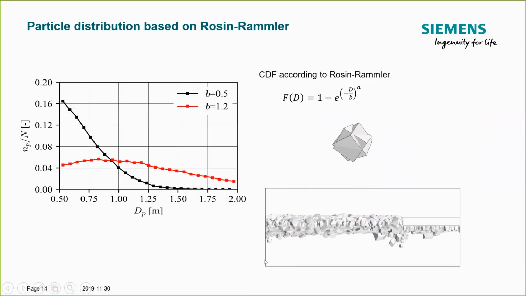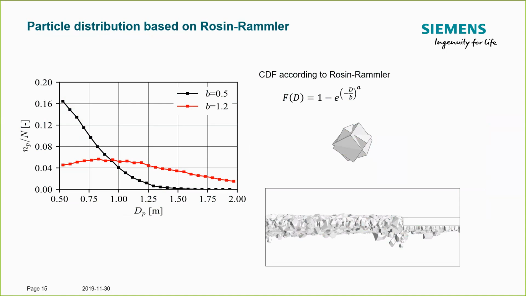Now, the question is, how do I constitute a brash ice field that resembles somewhat realistic conditions? So in StarCCM Plus, you will have a lot of latitude in terms of coming up with the distribution function for the particle size and other properties relevant for DEM.